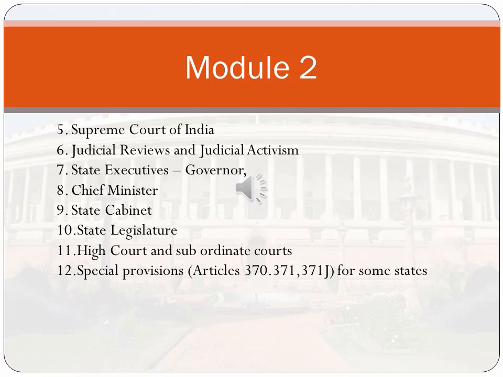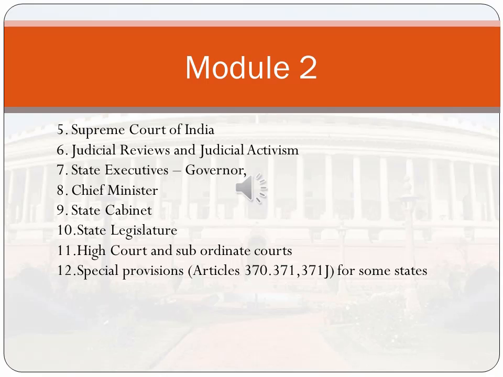We shall also see the roles and responsibilities of the chief minister, who are the cabinet of the chief minister, and what are the roles and responsibilities of the cabinet of the chief minister. What do you mean by state cabinet and the state legislature, and how high courts and subordinate courts are formed and function will be covered in this module.